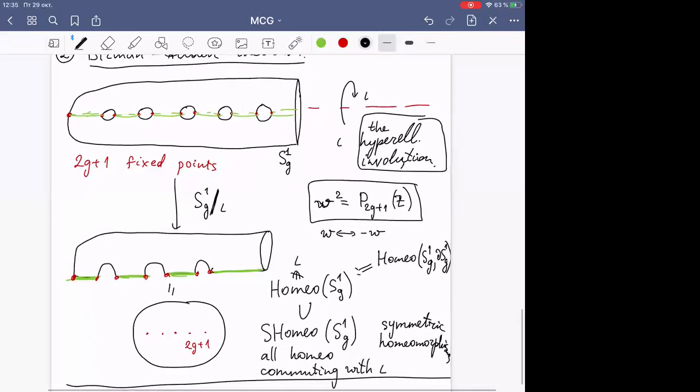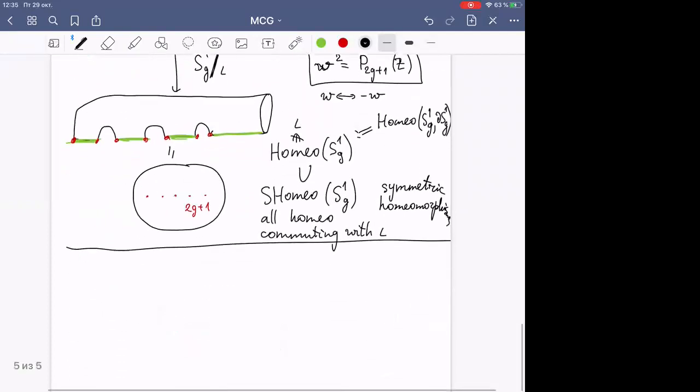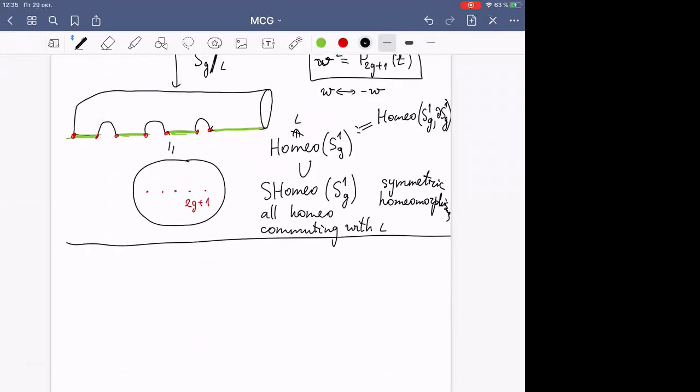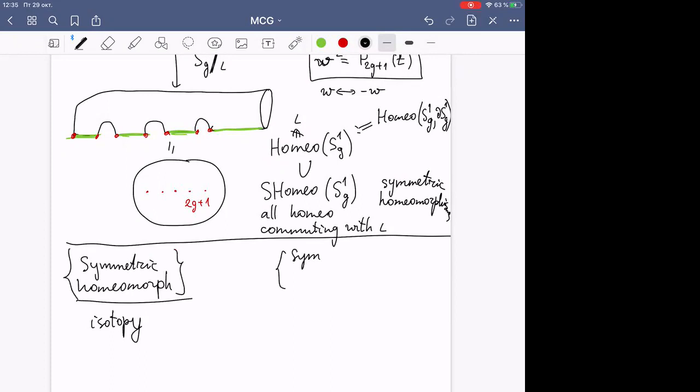Look, the most non-trivial part here is that we can consider symmetric homeomorphisms up to isotopy, or we may consider symmetric homeomorphisms up to symmetric isotopy. And a priori, it is completely unclear, is this the same or not?